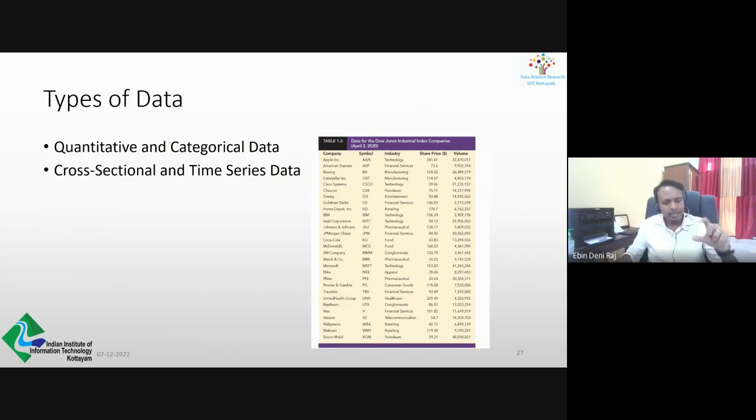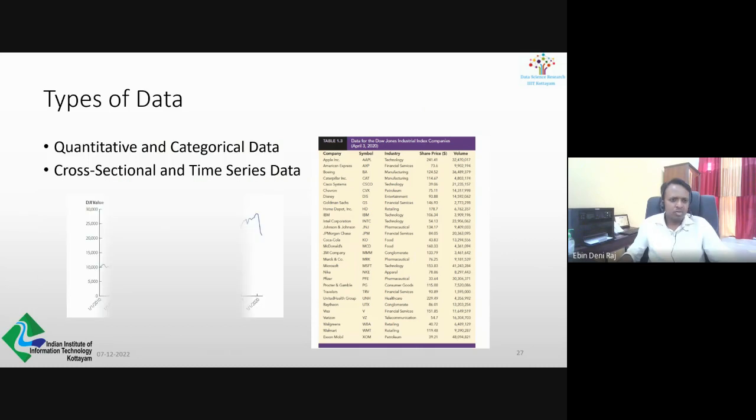Where the data are collected over several points in time. It could be per minute or per hour, or daily you are collecting something, or monthly you are collecting something. So graphs of time series data are frequently found in business, whether it is with respect to technology or with respect to economic aspects. In these cases, such graphs will help analysts to understand what happened in the past, and also identify trends over time, which will help you to take future decisions.